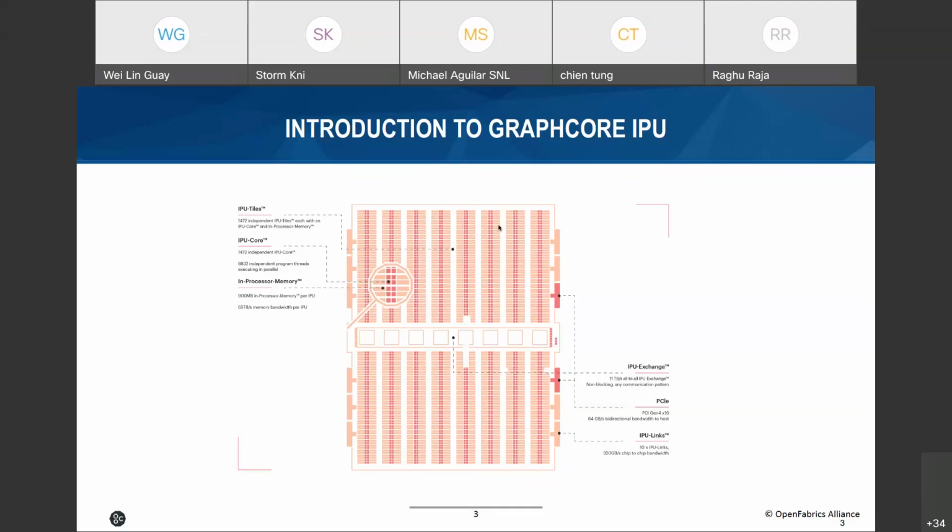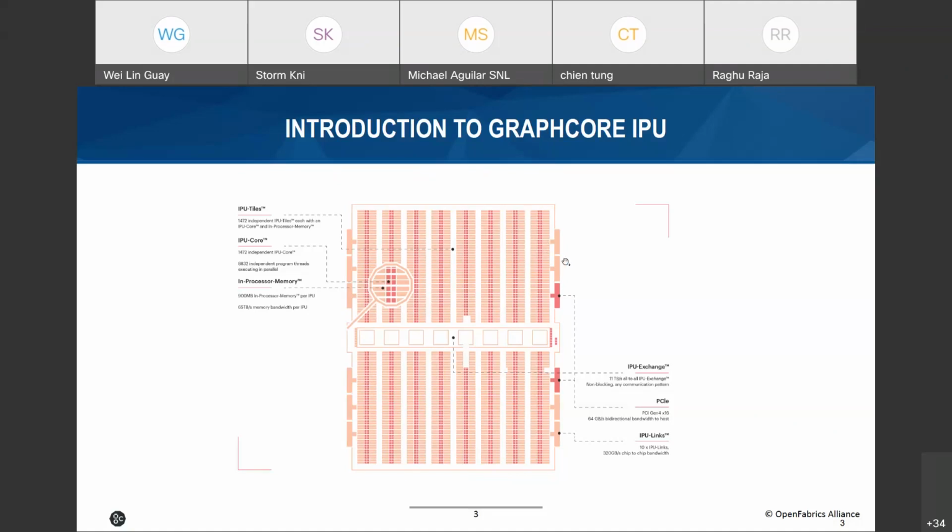As you can see in the middle, there's the IPU exchange crossbar. That's a trunk router that supports 11 terabyte all-to-all non-blocking exchange. The chip also has a PCIe Gen 4 16x host interface, and we have the IPU links, 10 of them, which have 320 gigabytes per second chip bandwidth.